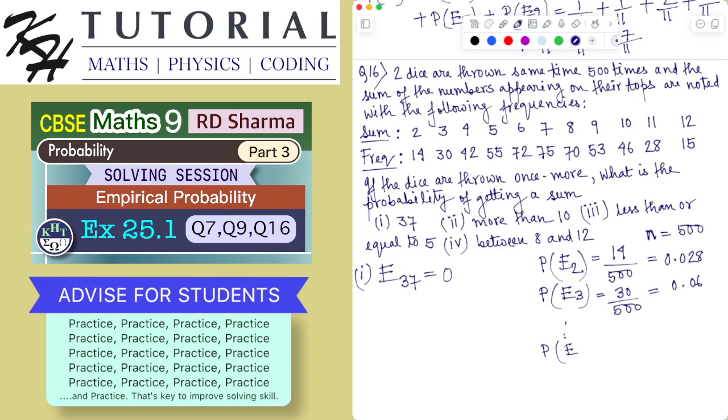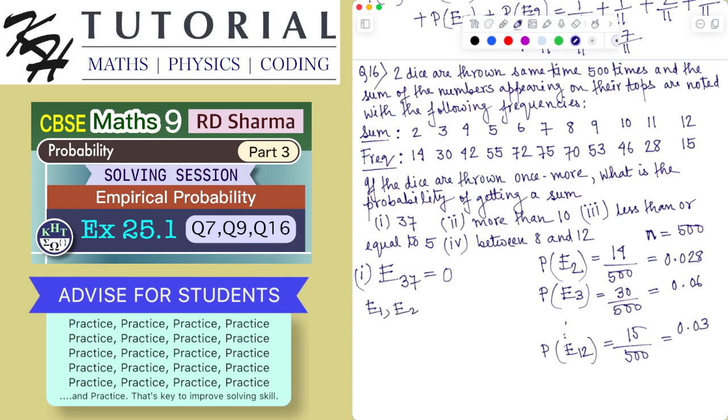So the probability of the event E12 will be 15 by 500, and 15 divided by 500 is 0.03.